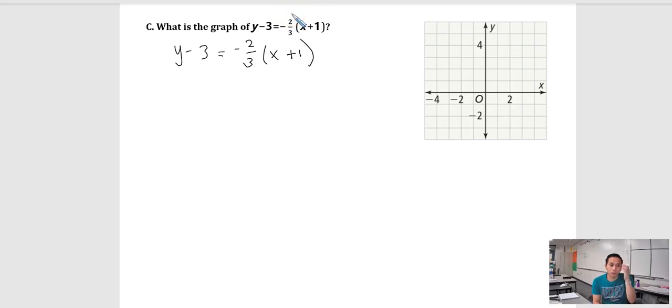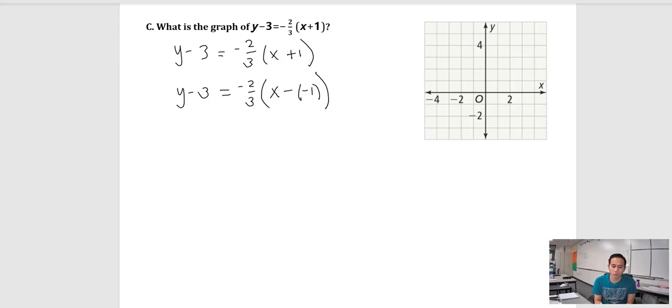Now we can see here that y minus 3 means the y-coordinate is positive 3, because it's y minus. Then we have -2/3, and then x plus 1. How come we have a positive one here? It means the x1 is negative, a double negative, that's why it's positive.